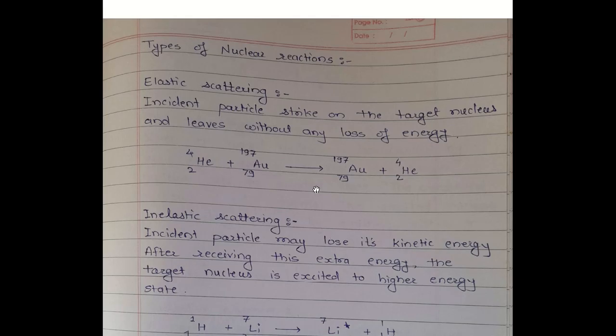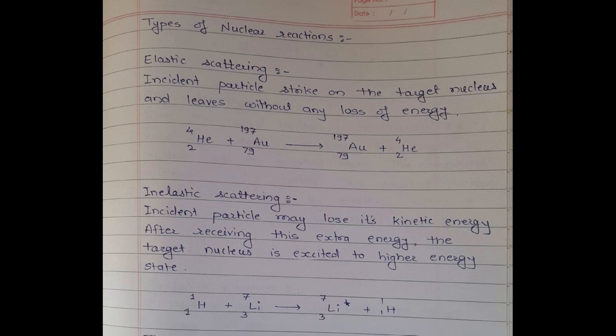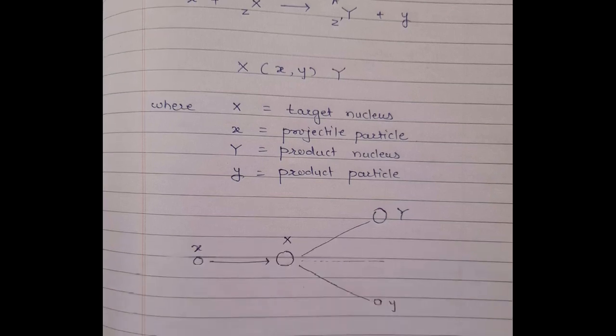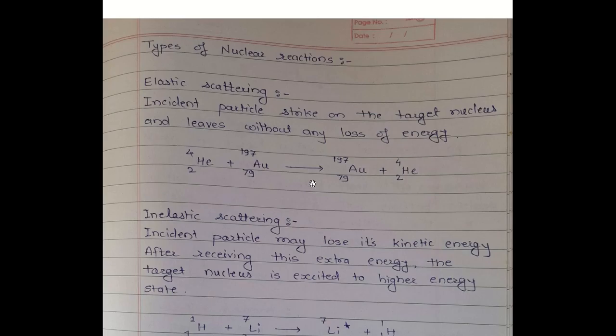There are various types of nuclear reaction. For example, if this bombarding particle hits the target nucleus and there is no exchange of energy, so that this small x goes off in another direction as it is, then we call this type of nuclear reaction elastic scattering.